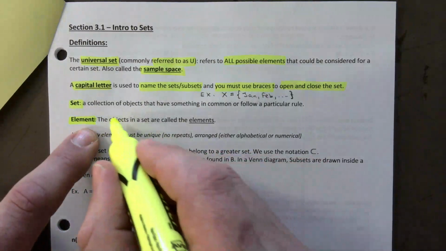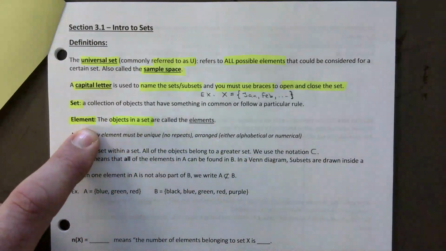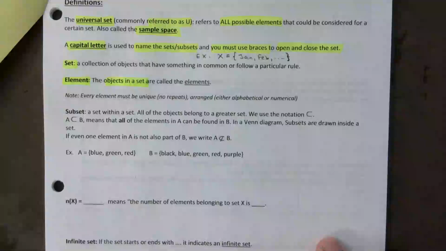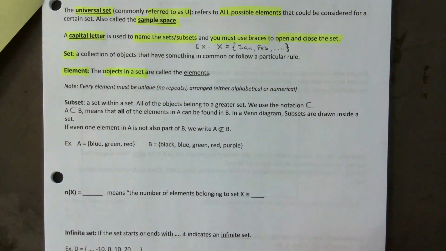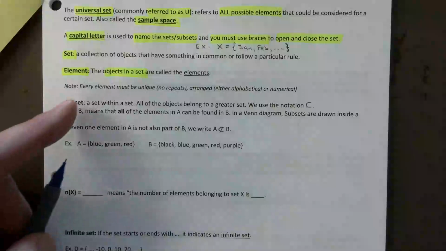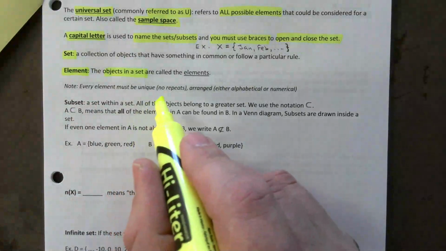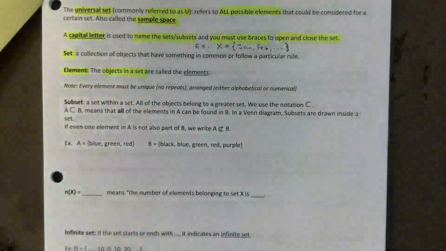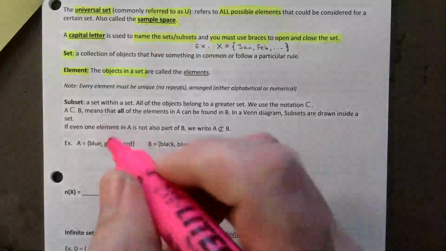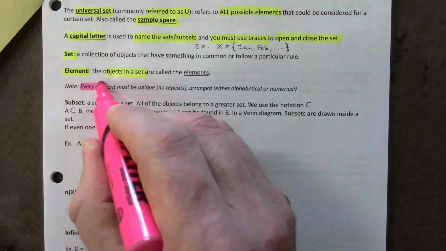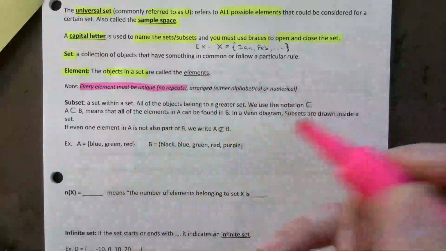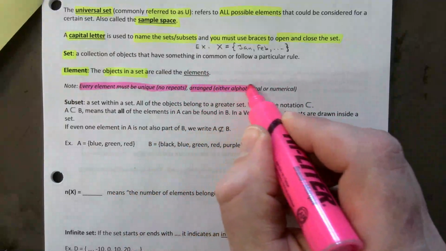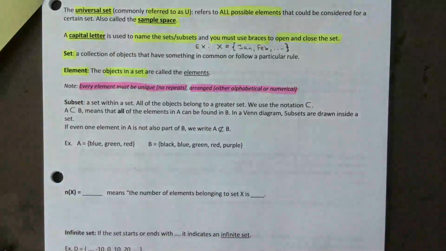The objects in a set are called elements. Note, every element must be unique, no repeats, and it should be arranged alphabetically or numerically. I'll highlight that using a different color.